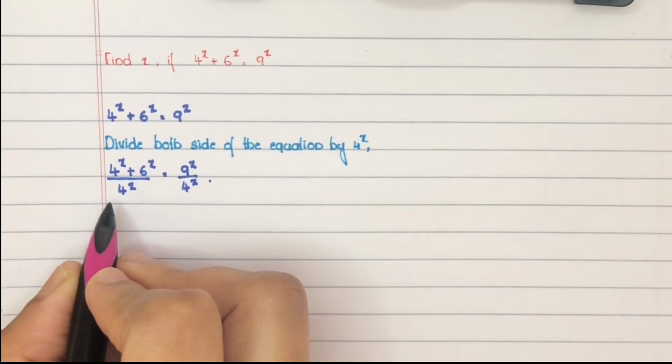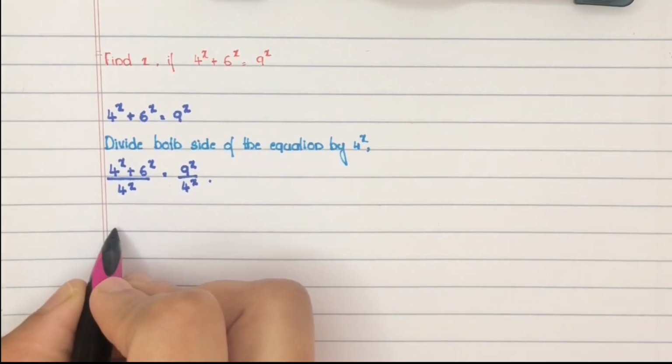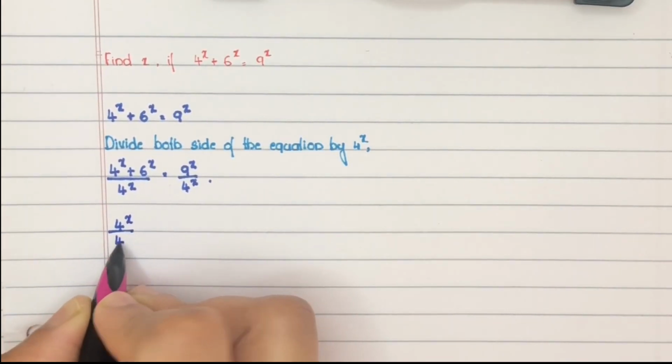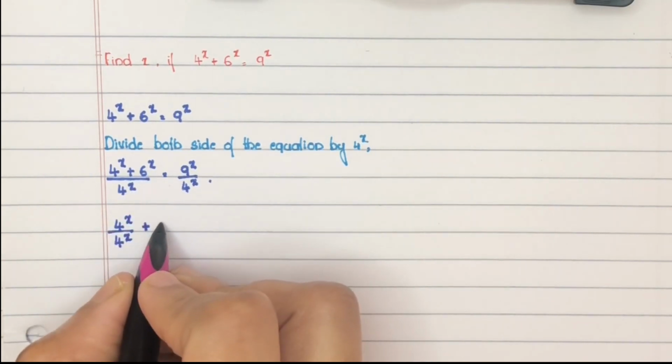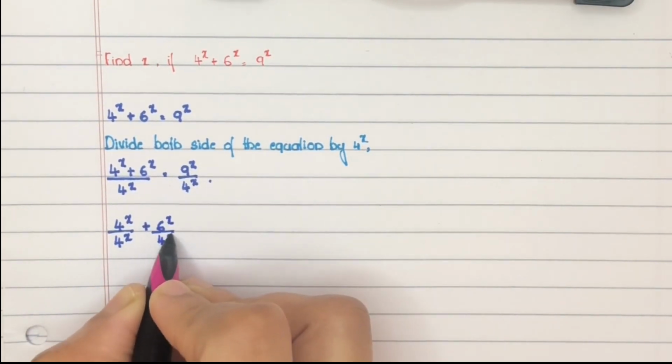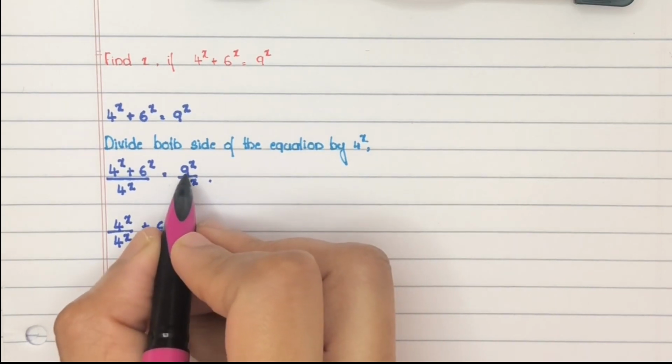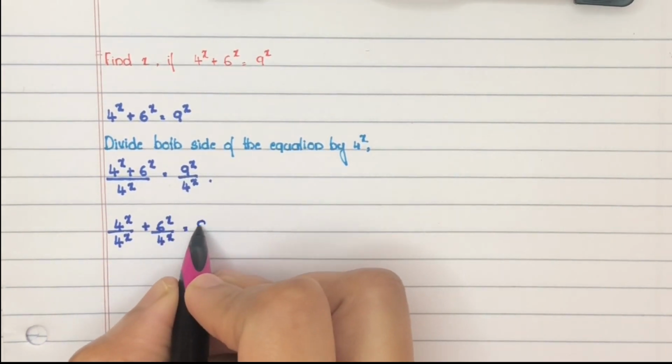Split LHS. 4 raised to x by 4 raised to x plus 6 raised to x by 4 raised to x equal to 9 raised to x by 4 raised to x.